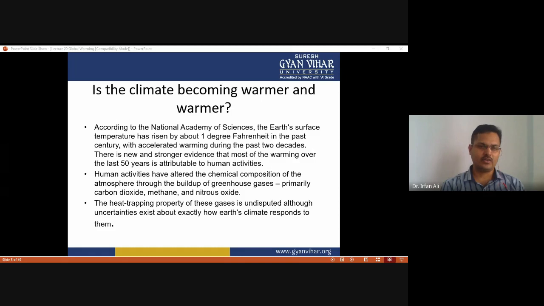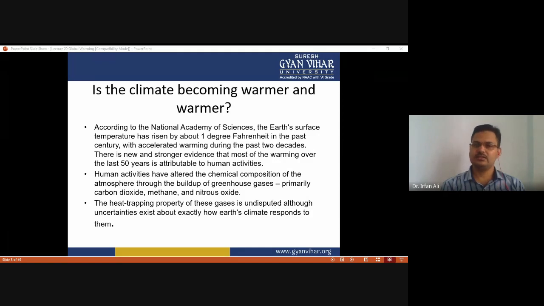Human activities have altered the chemical composition of the atmosphere through the buildup of greenhouse gases like carbon dioxide, methane, and oxides of nitrogen. The heat trapping property of these gases is undisputed, although uncertainties exist about exactly how Earth's climate responds to them.